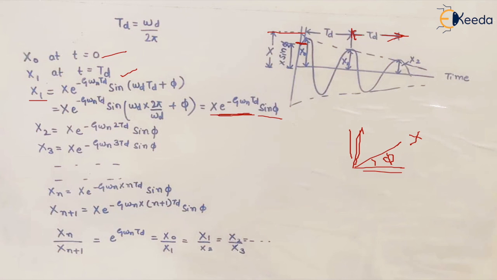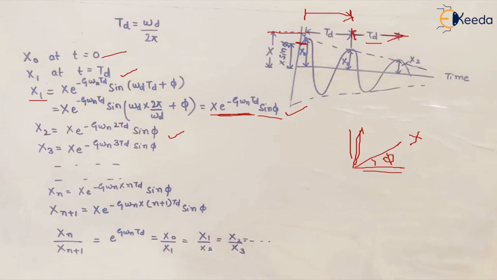If you remember, we solved the equation in two parts. One was showing the SHM part and one was showing the decay part of the damping. So this is the equation we can write for the maximum displacement at some time td. If we move on to the next cycle, x2 can be written as follows: going from x naught to x1 has taken time td, so going from 1 to 2 it will again take time td.